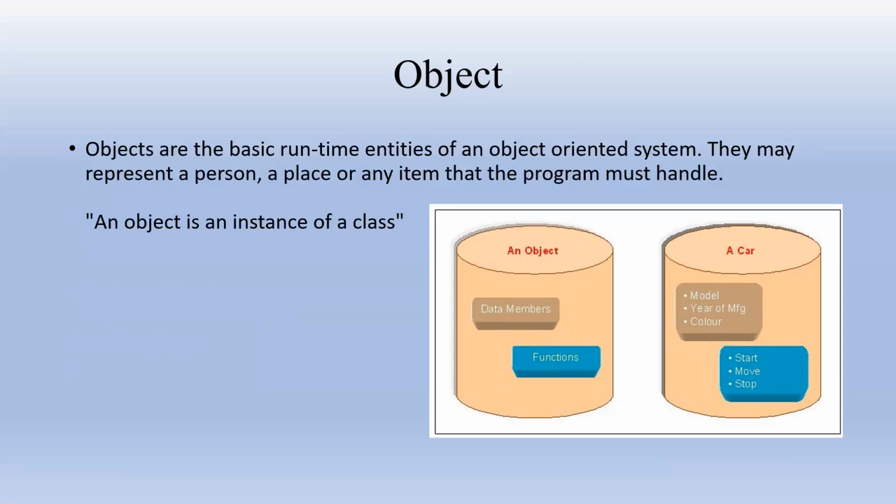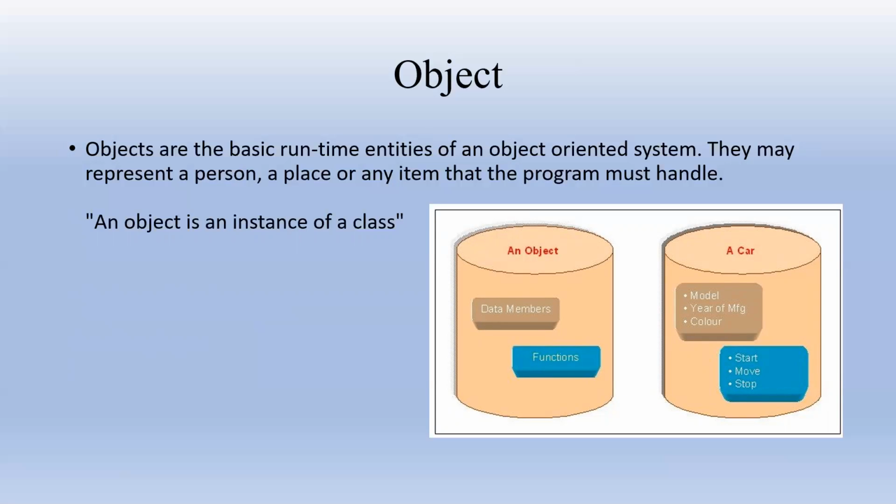Here on the right-hand side, you can see that we have a class car. It has three properties: model, year of manufacture, and color. And we have three functions which define some logic or operations: a start function, a move function, and a stop function.